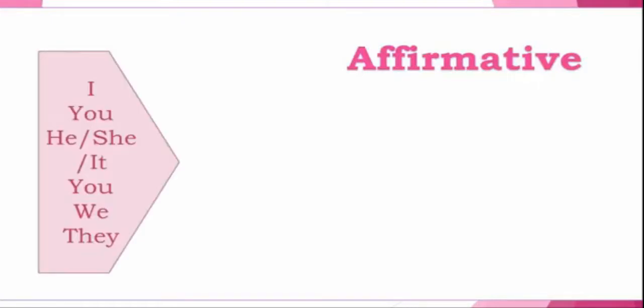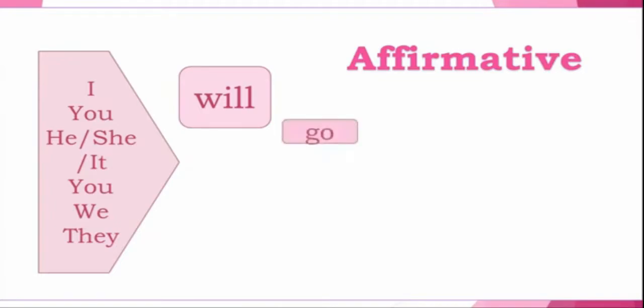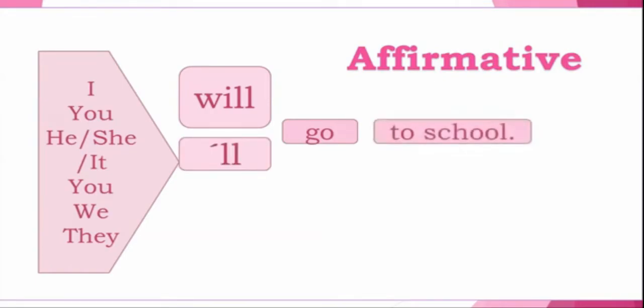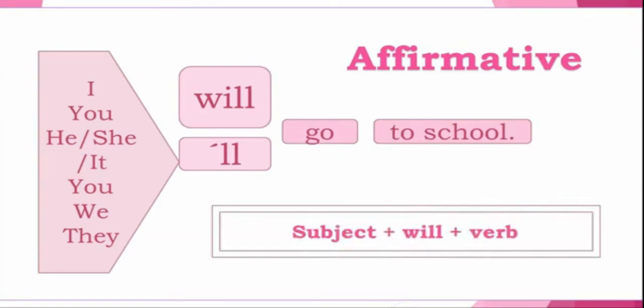Remember, will in the affirmative form: I, you, he, she, it, we, they, plus will plus verb. I will go to school, or I'll go to school. So the rule is subject plus will plus verb.